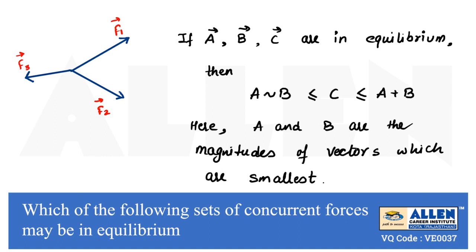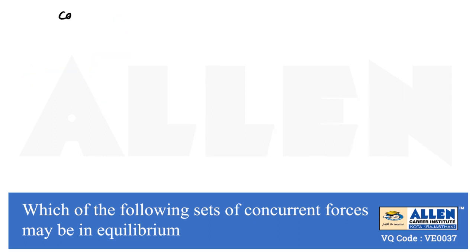So in case 1 we are given values: F1 is 3 Newton, F2 is 5 Newton and F3 is 1 Newton. We will check the condition of equilibrium by selecting the two forces which are smallest in magnitude. Here 3 and 1 are smallest out of the 3, so we will select 3 and 1.